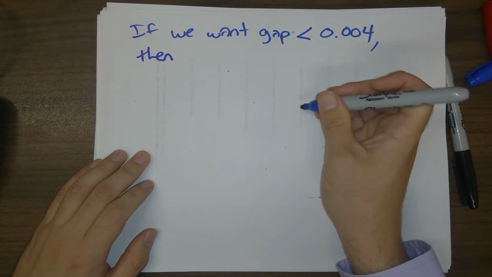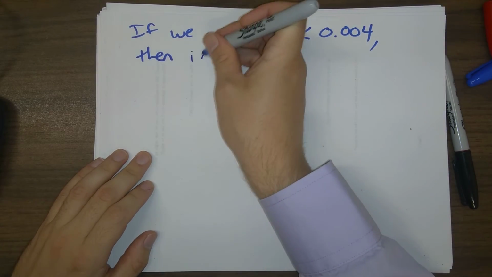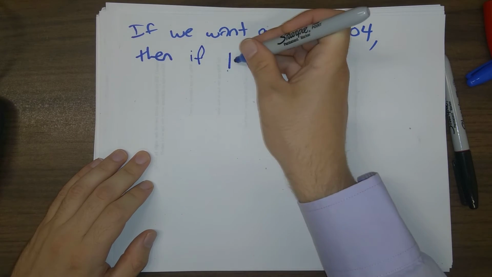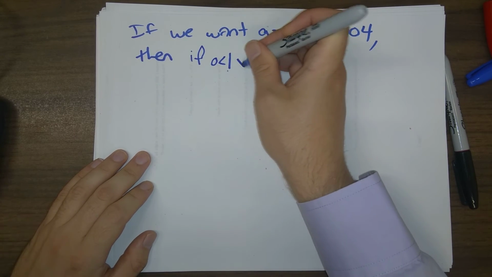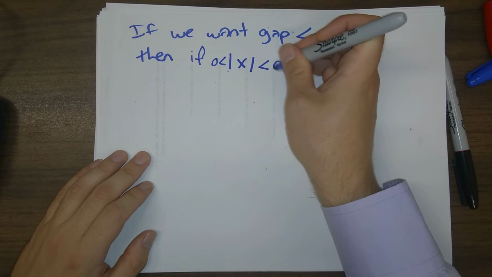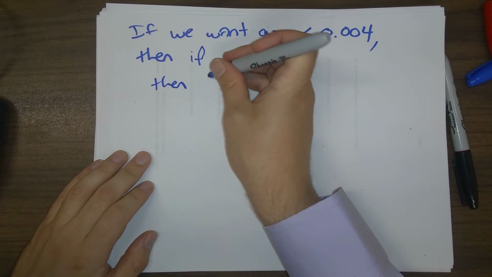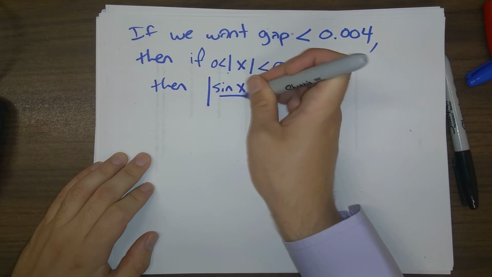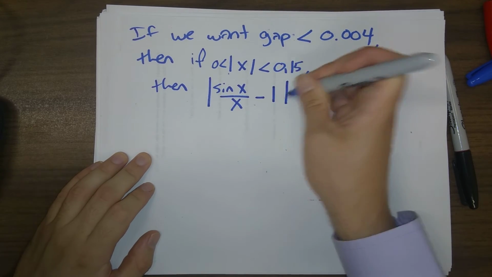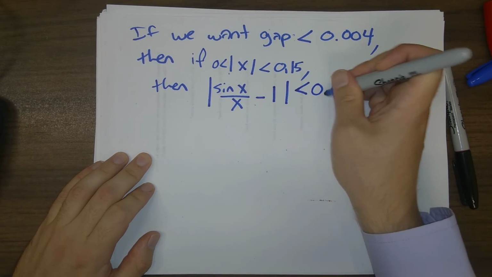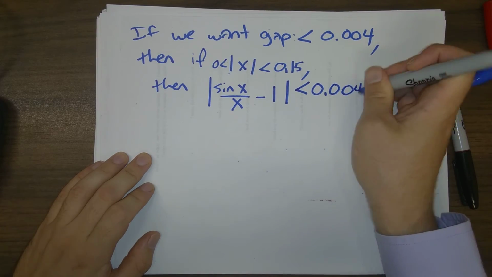Then, if we look at the picture, we can see that if the absolute value of x is at least 0 but less than 0.15, then the gap |sine x over x minus 1| is less than 0.004.